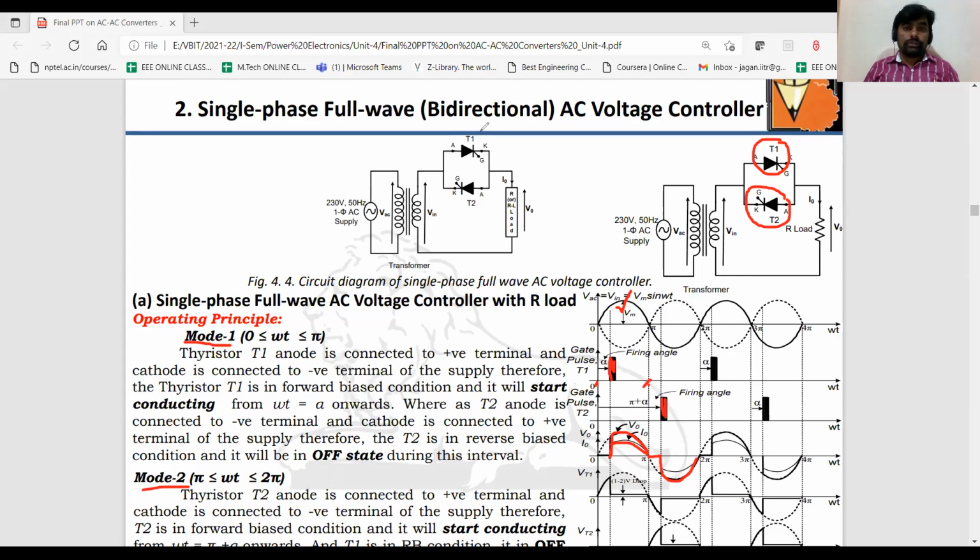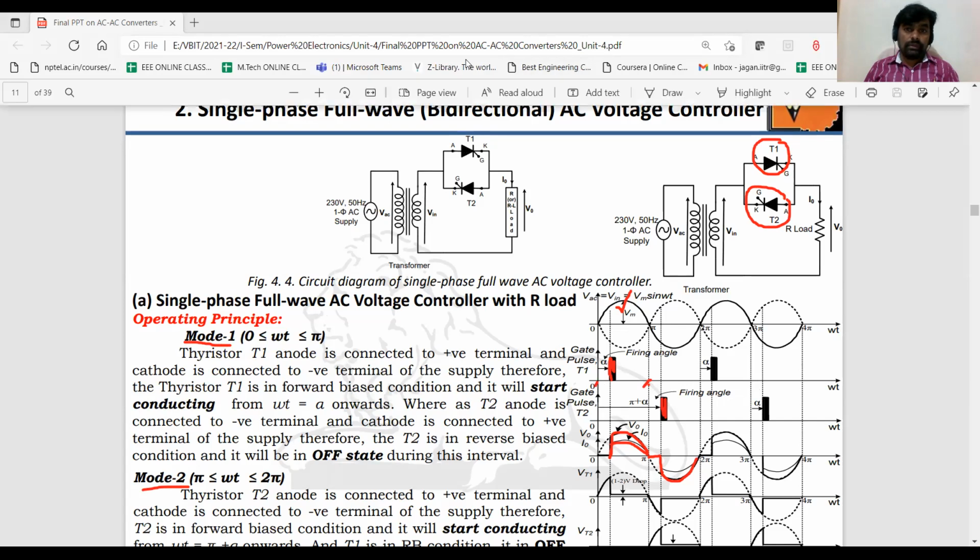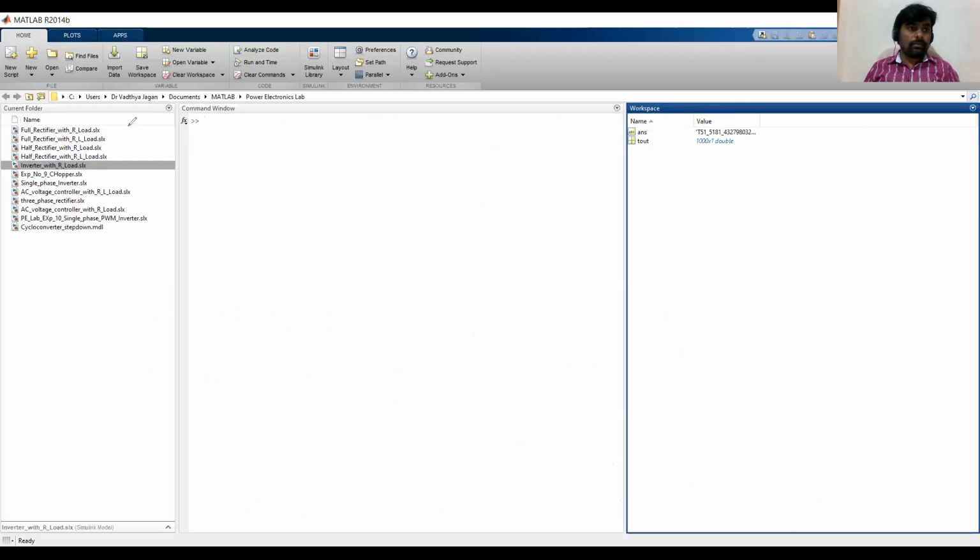With this small idea, now I will try to simulate the AC voltage controller. To simulate that, let me open the MATLAB model. Here you can see the MATLAB model.